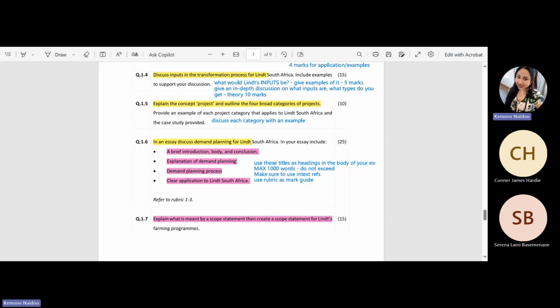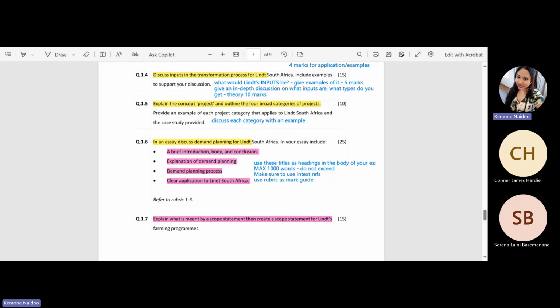Okay, 1.4. Discuss inputs in the transformation process. So this is also quite a simple question, but again, you are asked to discuss. So there should be a discussion here. So whenever you're asked to discuss something, again, it's to give an in-depth theory.